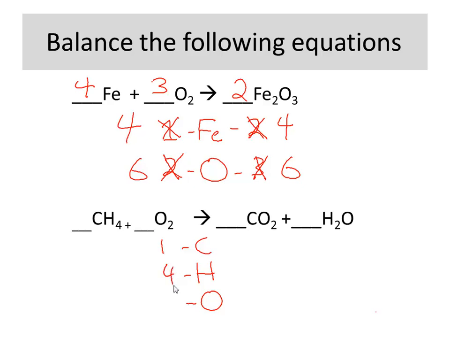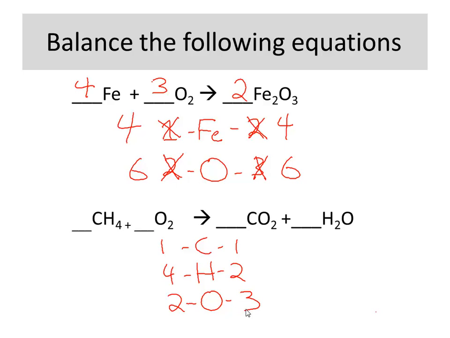How many O's? O2? I have 2. How many C's on my product side? Sweet. How many hydrogens do I have on my product side? 2. How many oxygens? I have 2 here with this O2, but I have 1 more here with H2O. So I have 3 total.